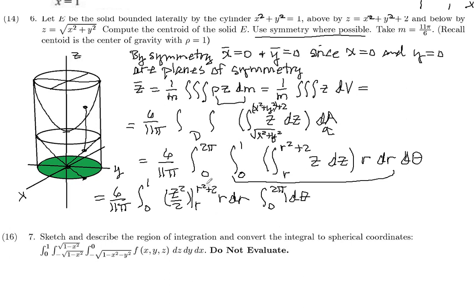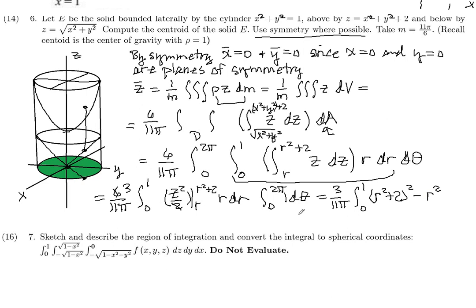So now here we've got to plug in our r squared plus 2 and plug in our r and subtract. So we got a 1/2. We actually can take that 1/2 and factor it out, cancel it into that 6 there. So that'll leave a 3. So this will actually be 3 over 11 pi, and then this will be integral from 0 to 1, r squared plus 2 comes in here and it gets squared, so r squared plus 2 squared, minus plug in r squared.